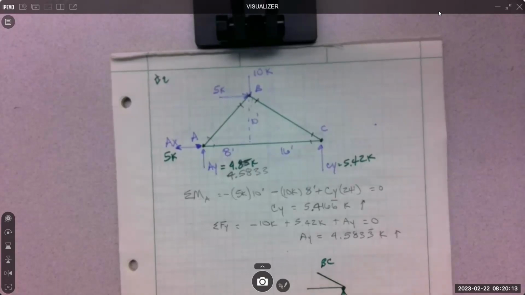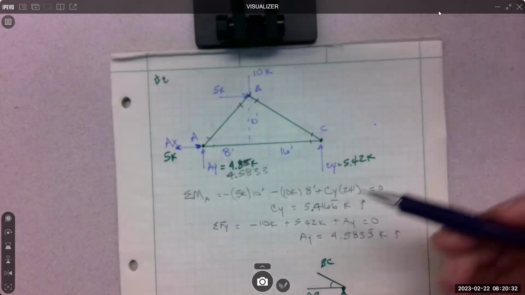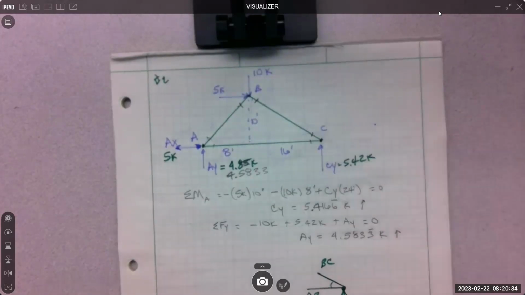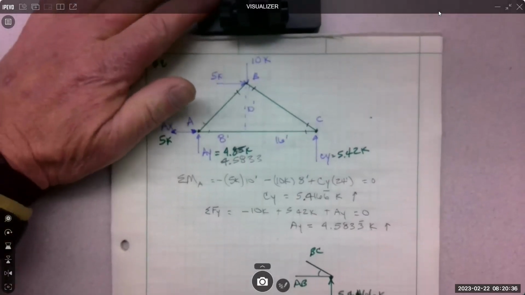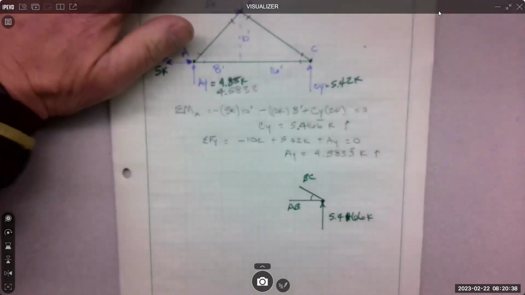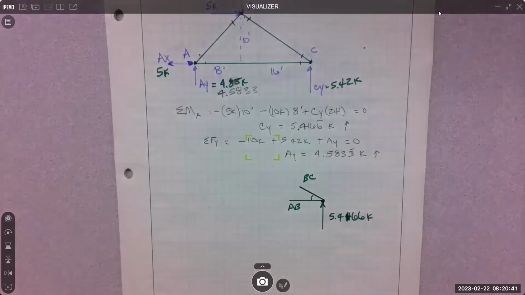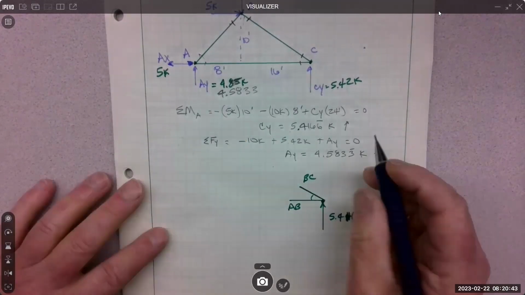You can label it CB or BC, however you want to do it. And then put in everything that you know. And if you need to find an angle, find the angle. We need that angle. And I can get it from up here. Right? So there it is.